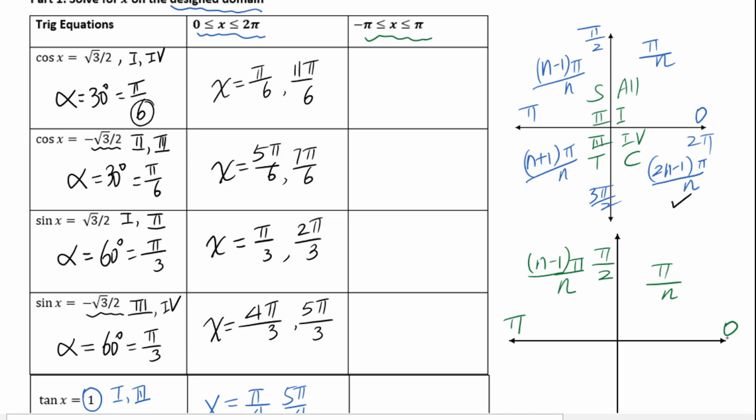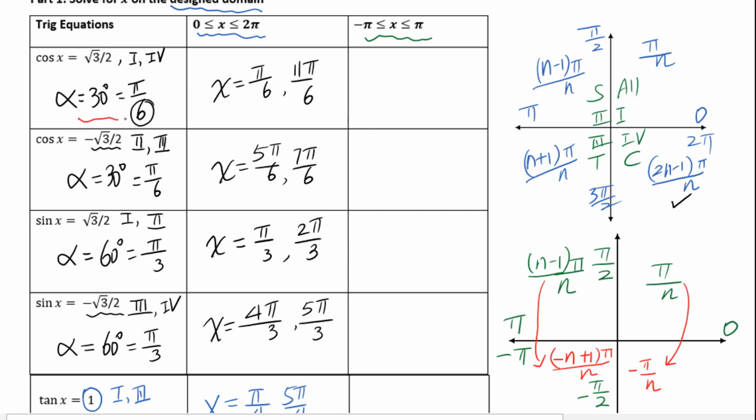Then from negative pi to 0, this will be negative pi over 2. Then the opposite of pi over n will be negative pi over n. The opposite of the other one gives negative n plus 1 pi over n. We will use this diagram to solve.